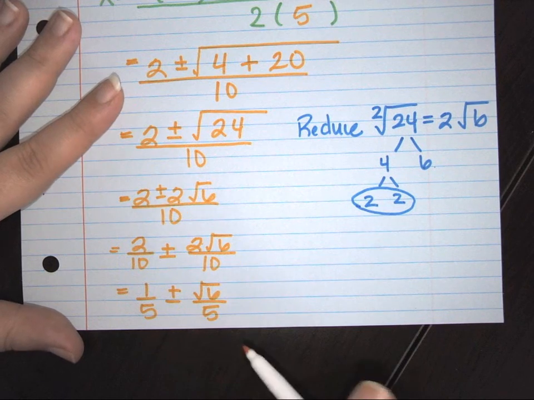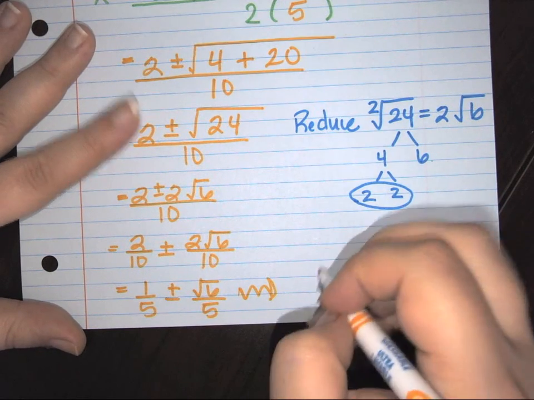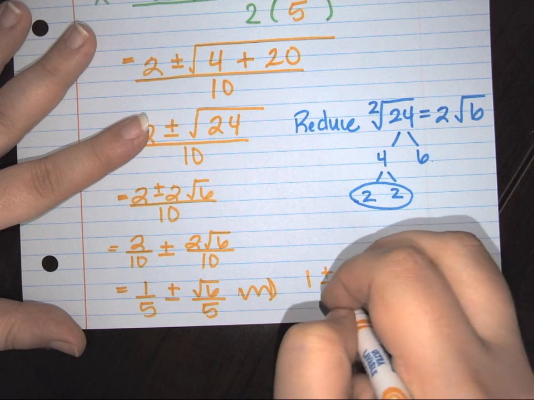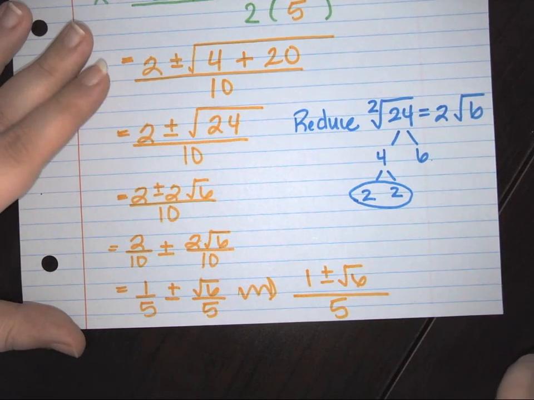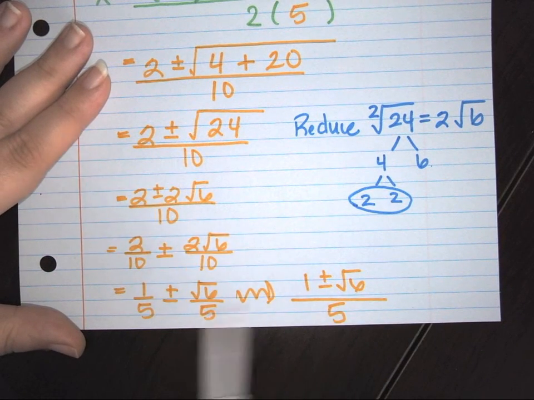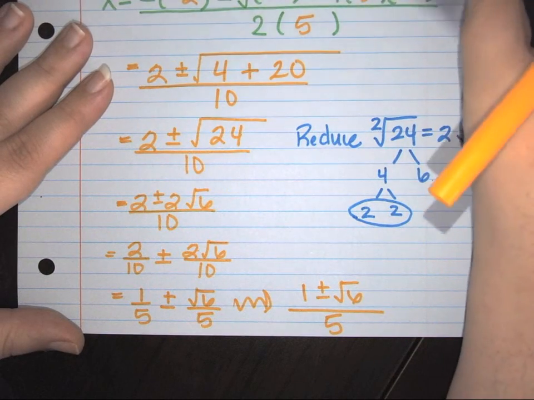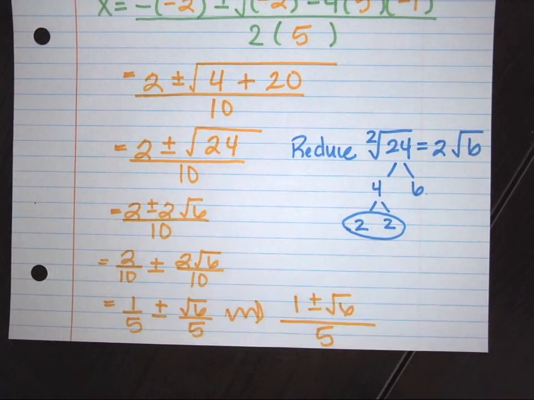So you can write it separate like this, or we can leave it combined, and you would say 1 plus or minus the square root of 6, and the whole thing is over 5. So either way that you would write these solutions would be completely acceptable for your problem. Okay?